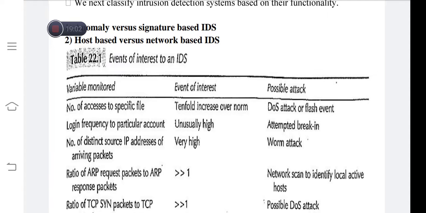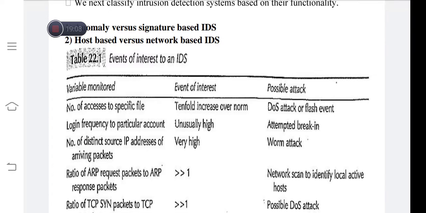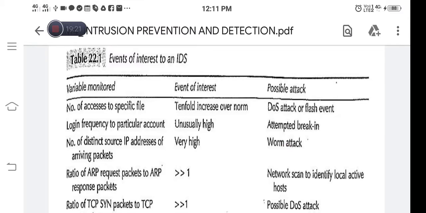Similarly, if I consider the third variable, the number of distinct source IP addresses of the arriving packets: packets are incoming, but all these packets are from different sources. They are not from the same source, the IP addresses are different. So it will come to know that it is a worm attack.